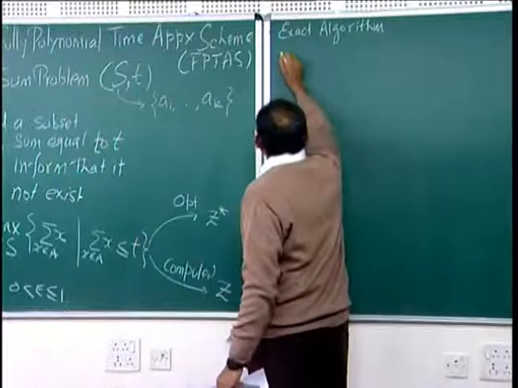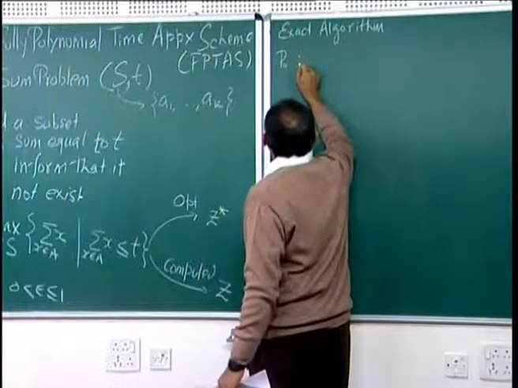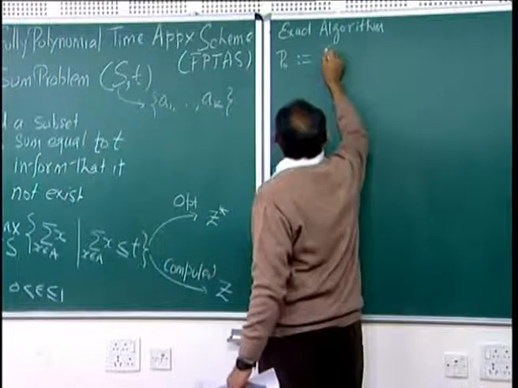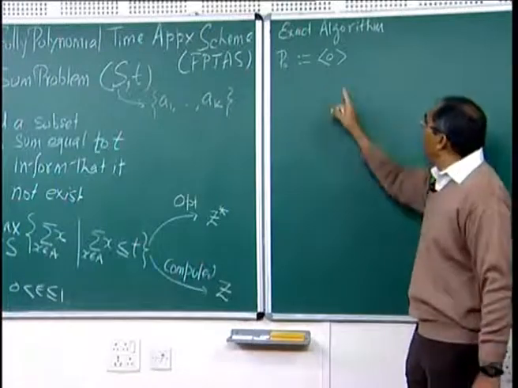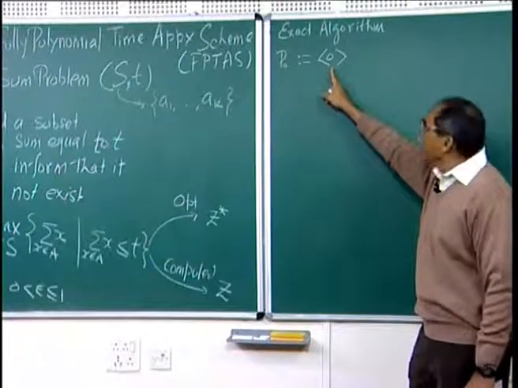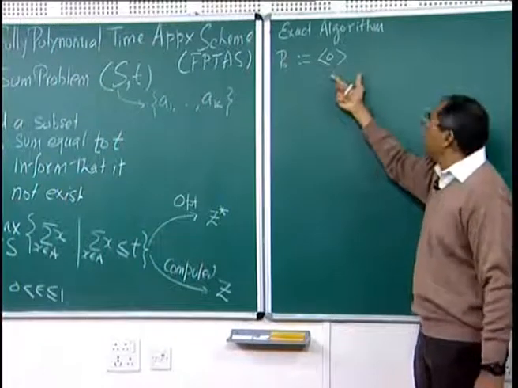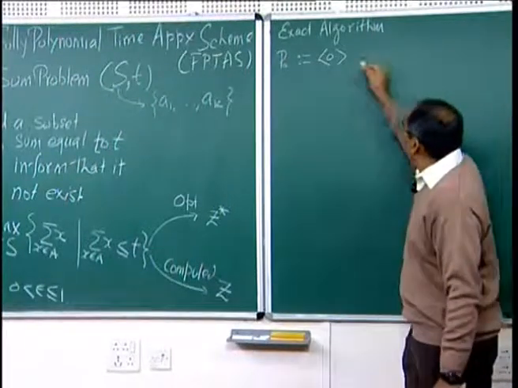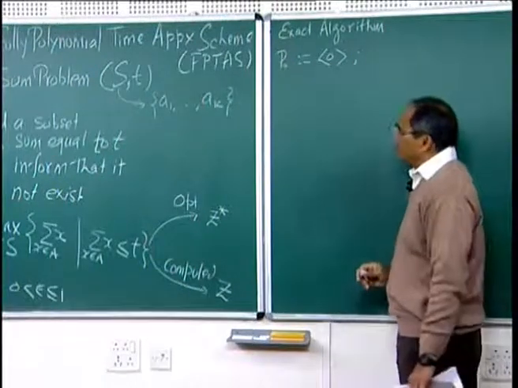We begin by defining a sequence P0 containing just the 0. We will view these Pi as sequences or lists, and in the beginning it contains just 0 in it.